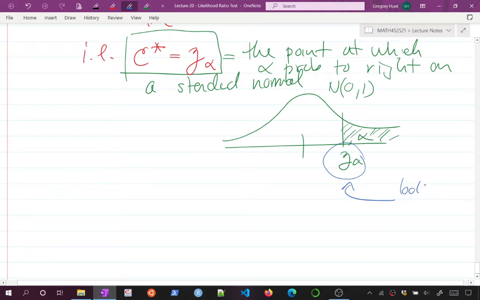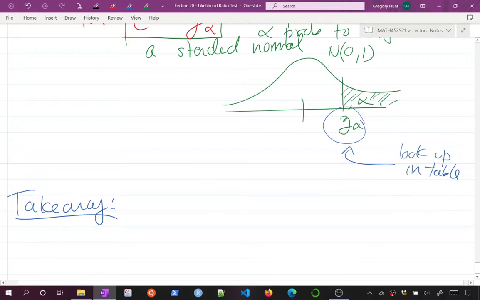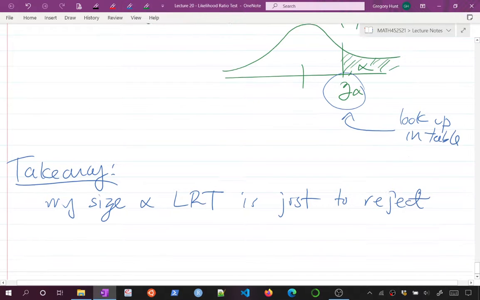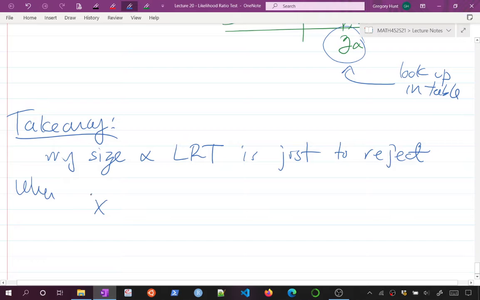So the takeaway here, and you can see how complicated this stuff can get, is that my size alpha LRT is just to reject when x bar minus a over sigma over root n is bigger than or equal to my reference value z alpha, which I look up in the table, right?